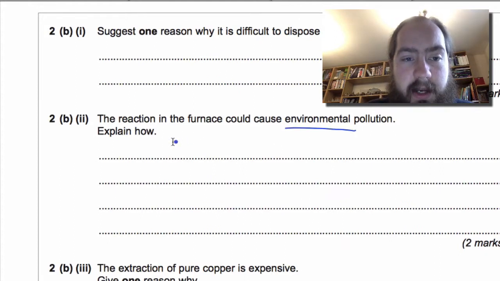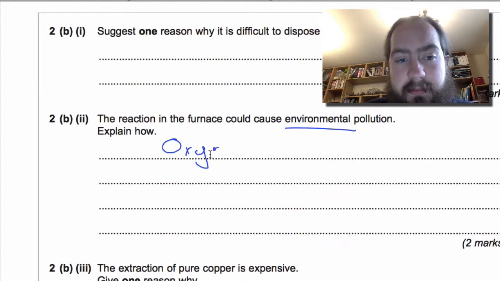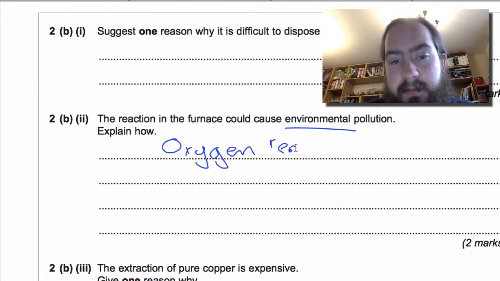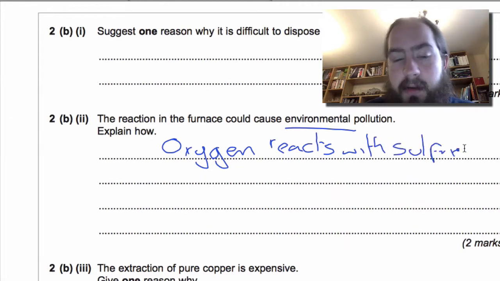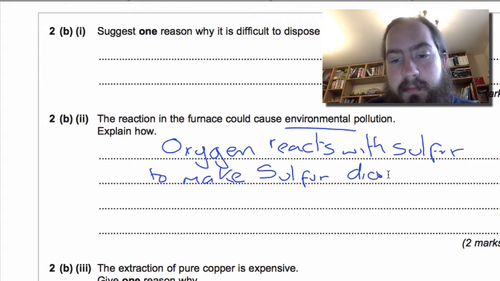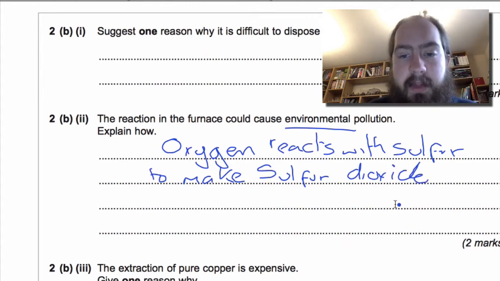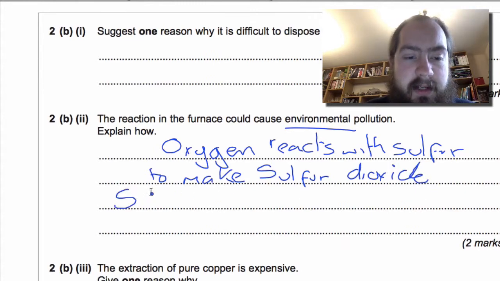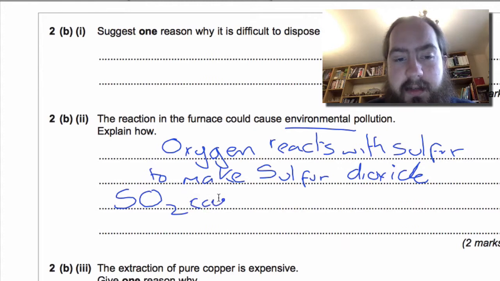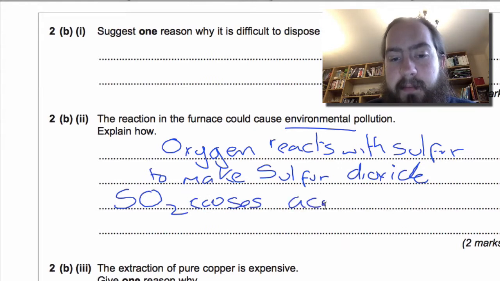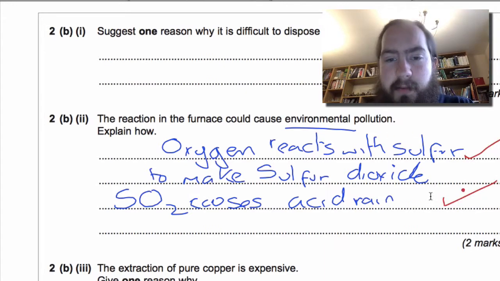So we're going to put: oxygen reacts with sulfur to make sulfur dioxide, and then sulfur dioxide causes acid rain. And that will be each worth a mark. One for saying sulfur dioxide and one for saying acid rain.